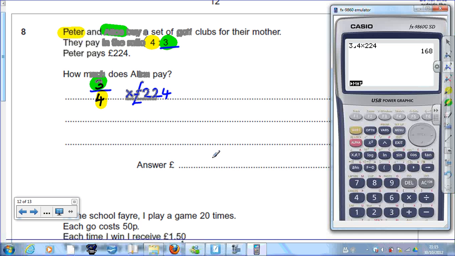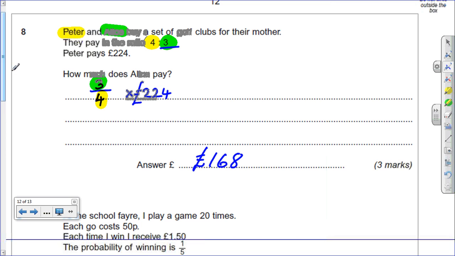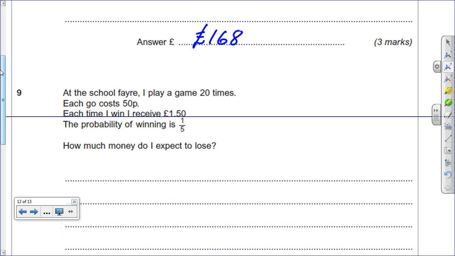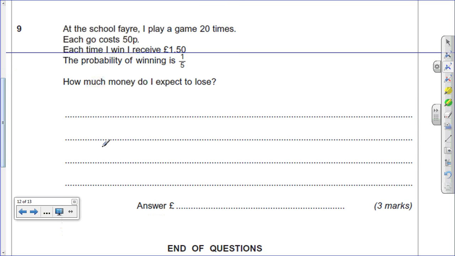Expected wins. You expect to win 1/5 of the time. What's 1/5 of 20? Oops. So you do 1/5. The word of is times 20.